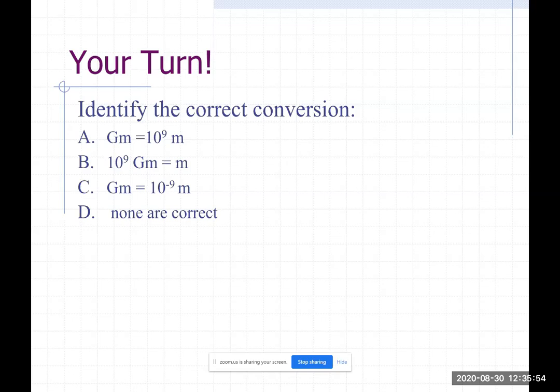I don't think so, because giga is 10 to the 9 itself. So that's a really large value. If we had 10 to the 9 of that really large value, we would have a huge number of meters. And then C, 1 gigameter equals 10 to the minus 9 meters, but we know that's not true because we know that 10 to the minus 9 is nano. So it looks like A is correct.